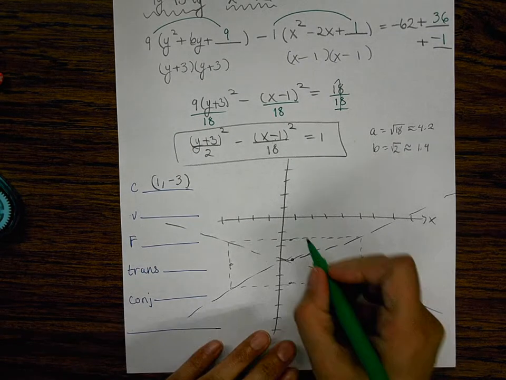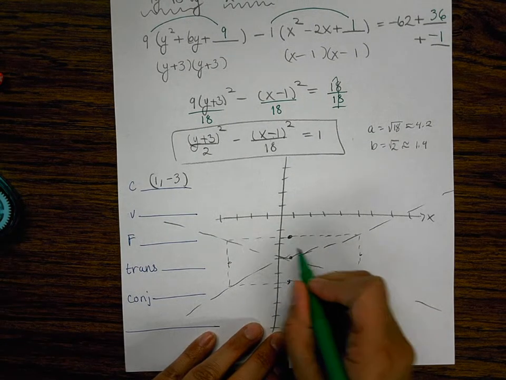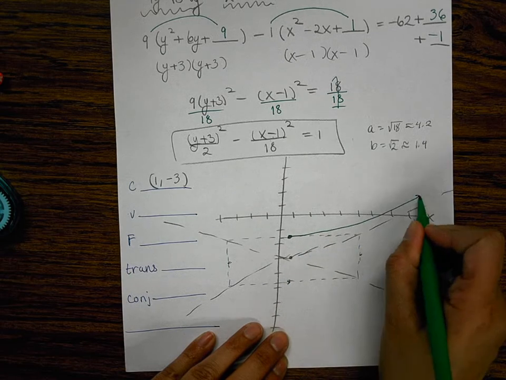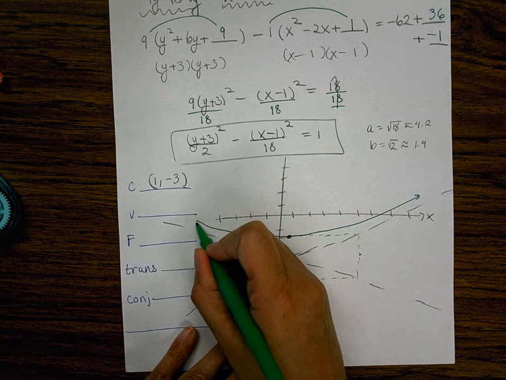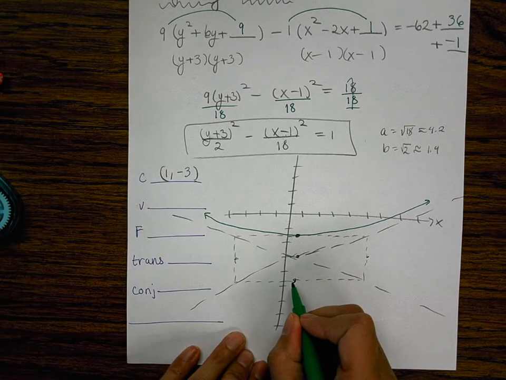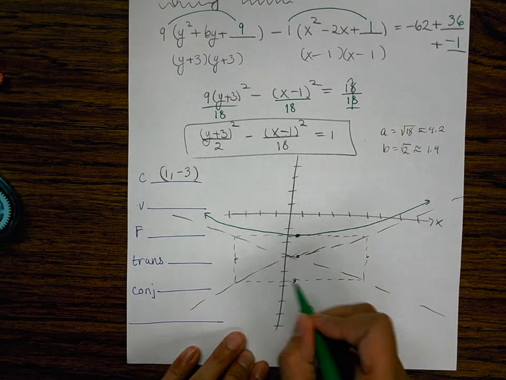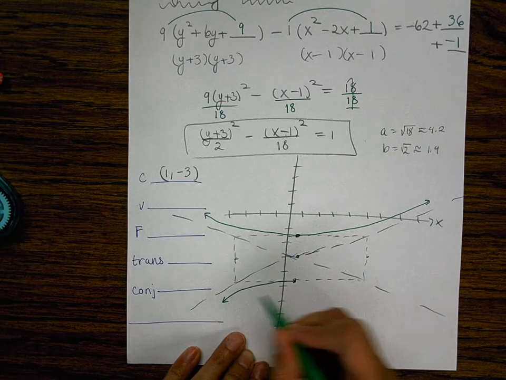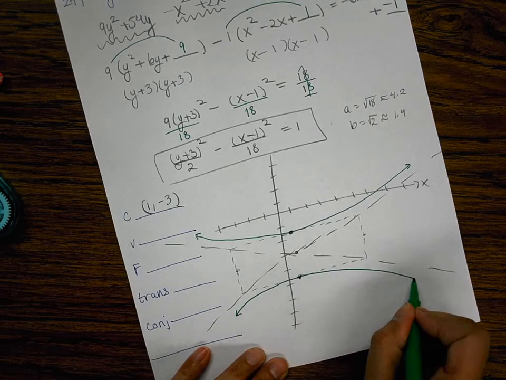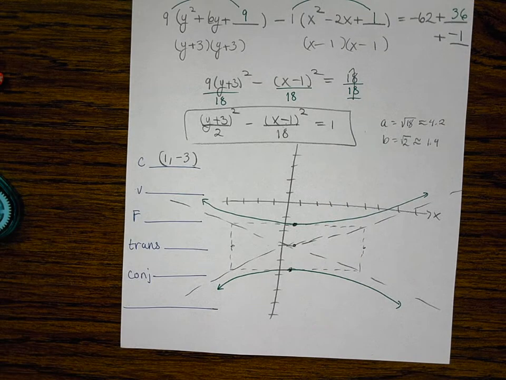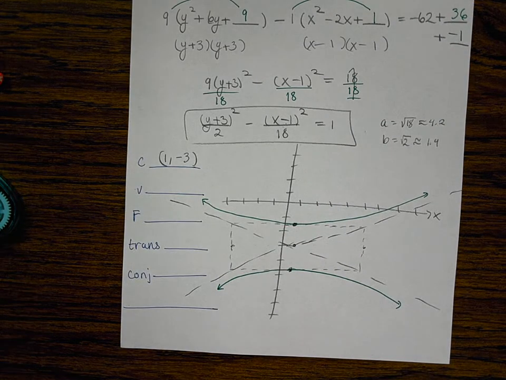So it's going to go from these two dots going towards your asymptote. So it is actually going to be pretty wide, where if X had come first, it would have been a little more narrow. But since Y came first, it's more wide because of the way the asymptotes are. Okay, so there's our graph.